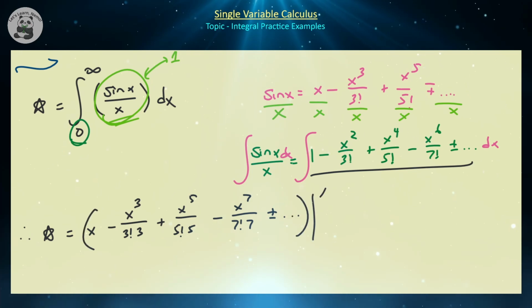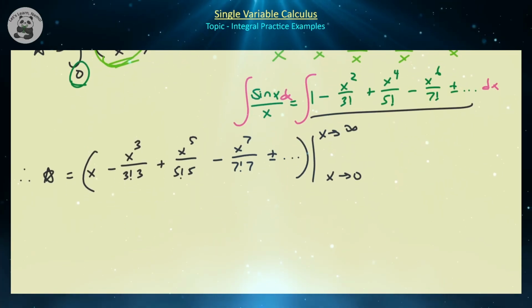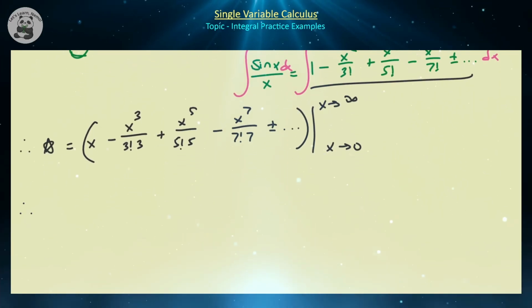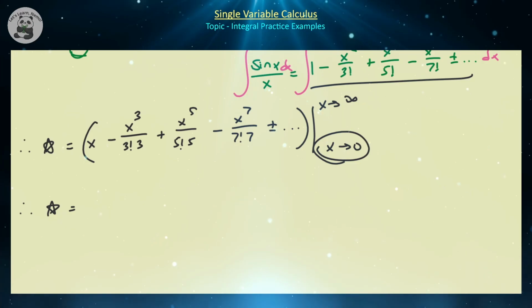And then we're going to evaluate that as x goes to infinity and as x goes to 0. So once we have that, what do we have? Star is going to be equal to, as x goes to 0, that's just going to go to 0. So nothing exciting there, because we have 0 minus 0 plus 0 minus 0 and so on, which you can show does converge to 0.